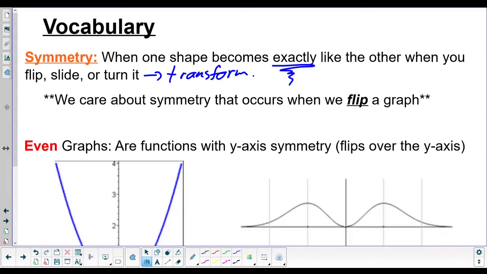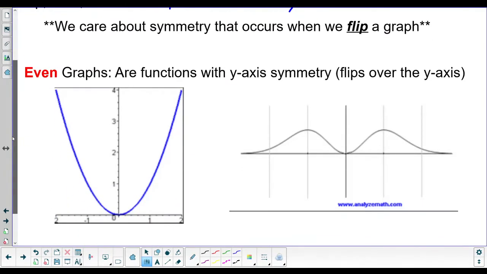So we're going to start off by looking at even symmetry for graphs. And what that means is that it's symmetric over the y-axis. So to give you a visual idea of what this means, what color do you want to look at? Red?